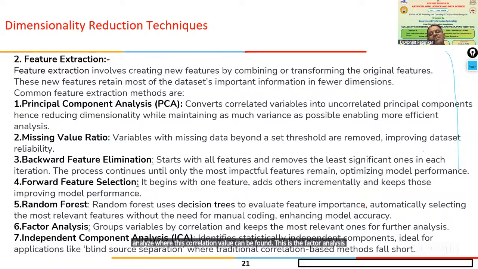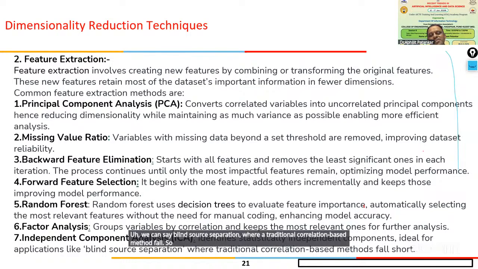And lastly, in feature extraction, independent component analysis. It is also called ICA. It identifies statistically independent components, ideal for applications like blind source separation, where traditional correlation-based methods fail.